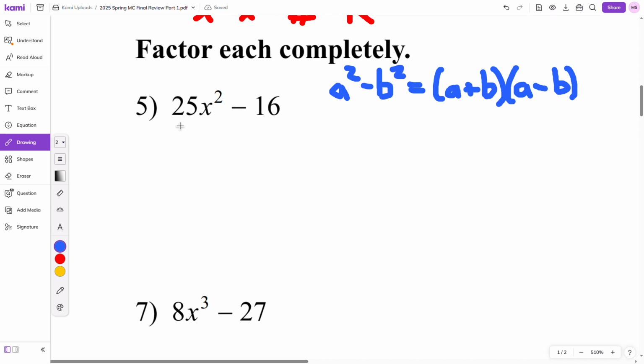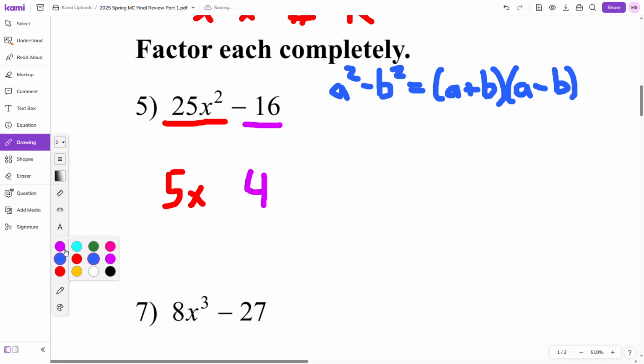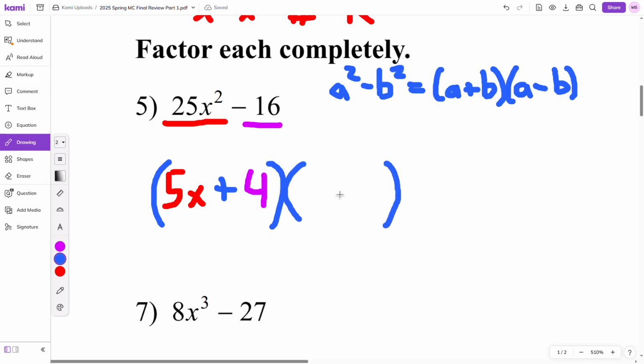So here, let's try to color code this. We'll take the square root of this, and that's going to be 5x. And then we'll take the square root of this, which is 4. Okay, and we're going to put parentheses around this and give it a plus, and do the same thing and give it a minus, and those same values again, 5x and 4, and we're done.